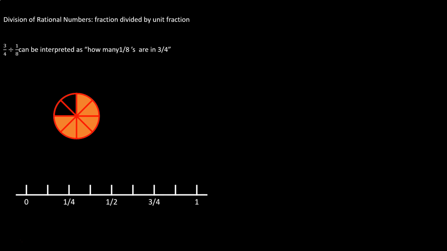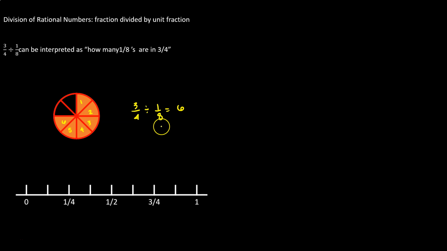Notice that the 1/8 are marked in red. I just need to count how many we have. There are 6. So if I did 3/4 divided by 1/8, I can see that my answer would be 6, because there are 6 of the 1/8 that fit in 3/4.